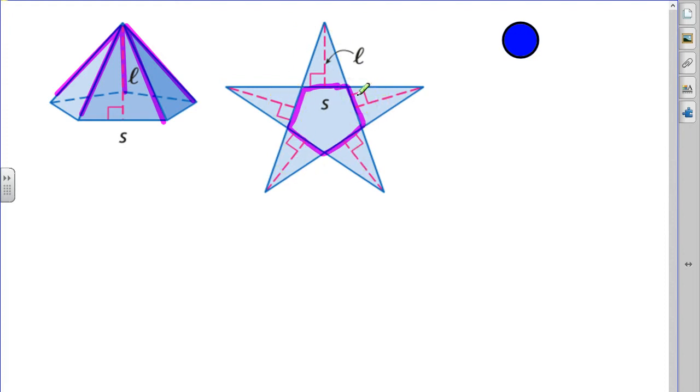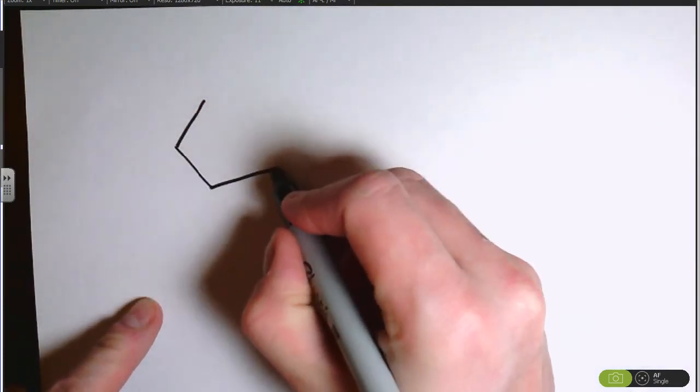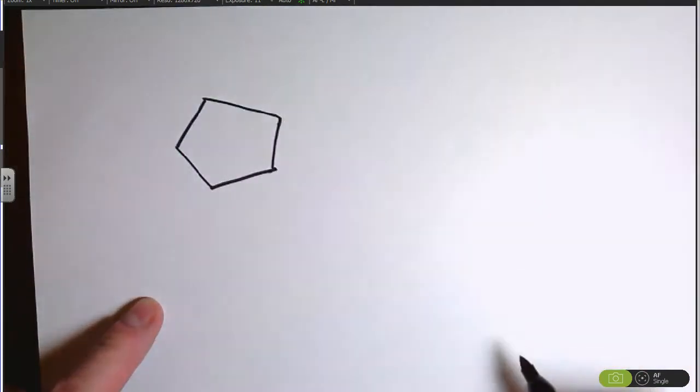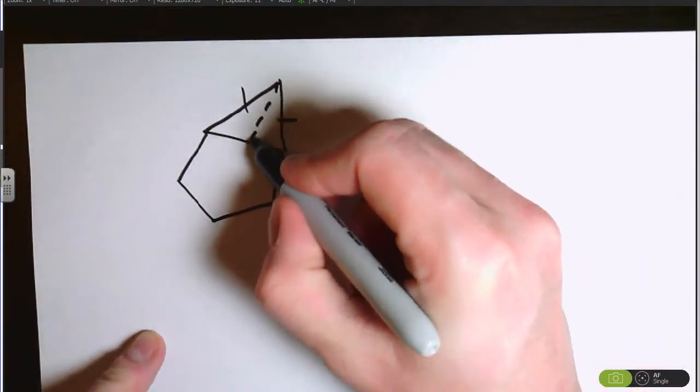Now, to explain what's happening in the formula here, I'm going to cut over to another sheet of paper. Okay. So we have 5 triangles. Excuse my poor drawing of a pentagonal prism. And then you have these triangles. Now, all these triangles are congruent.